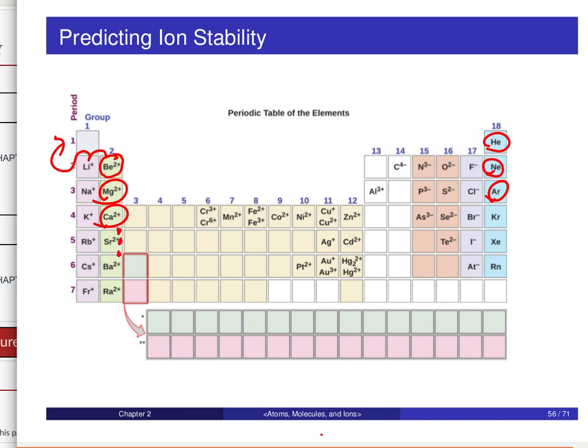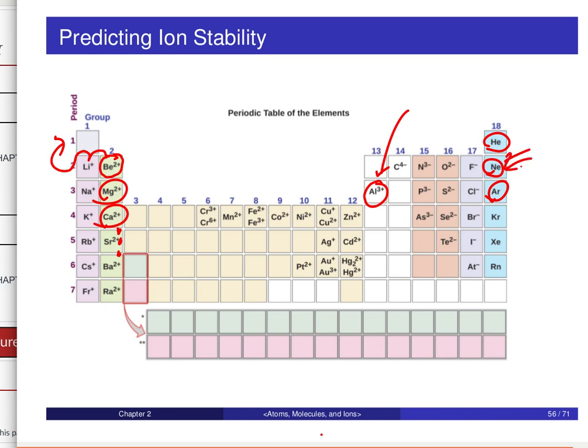And that allows us to also understand why aluminum takes a positive 3 charge. Rather than aluminum gaining 1, 2, 3, 4, 5 electrons, it's easier for aluminum to lose 3 electrons and look like neon.